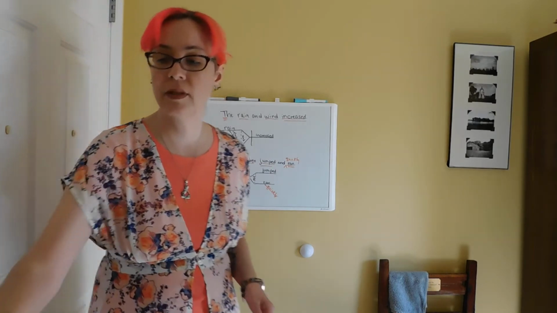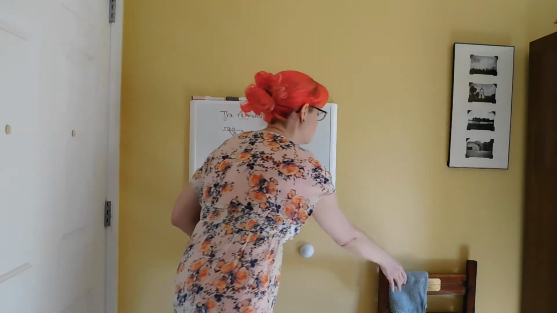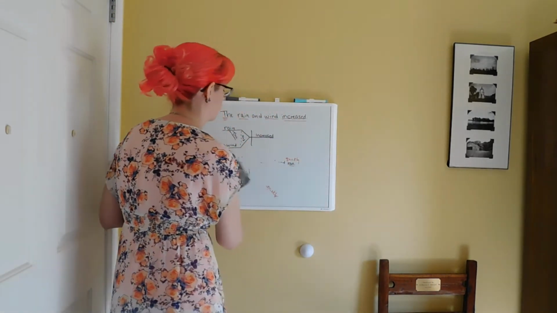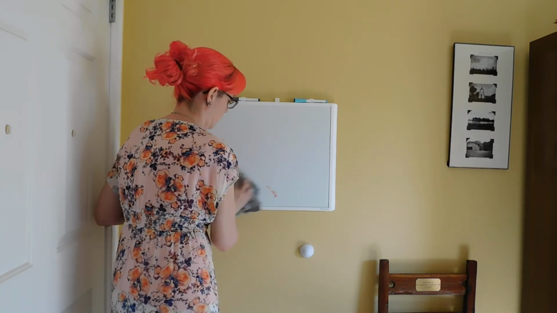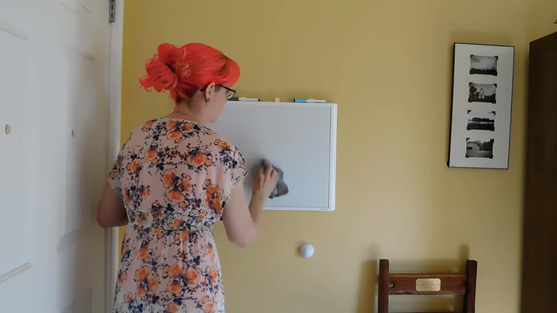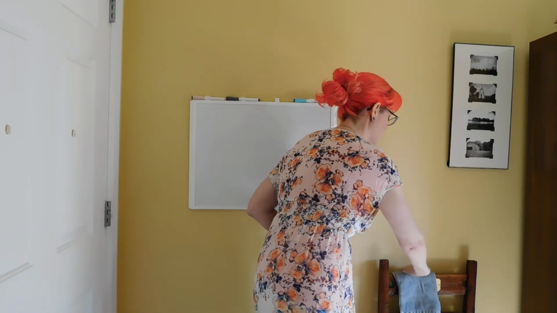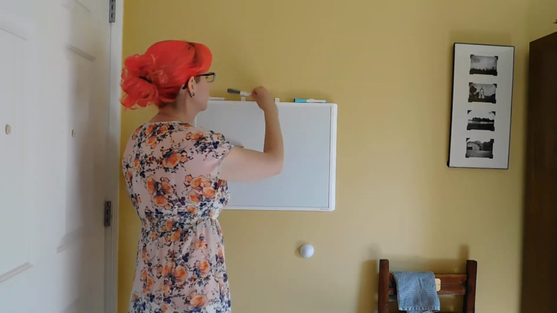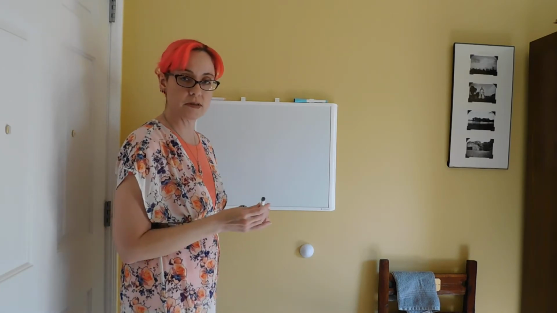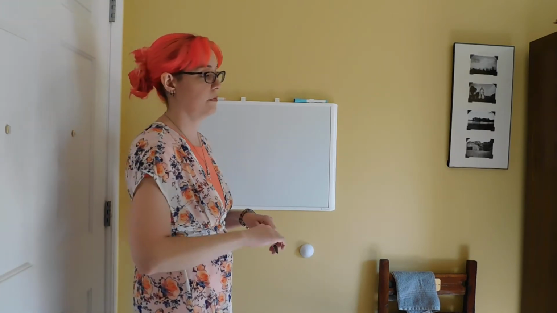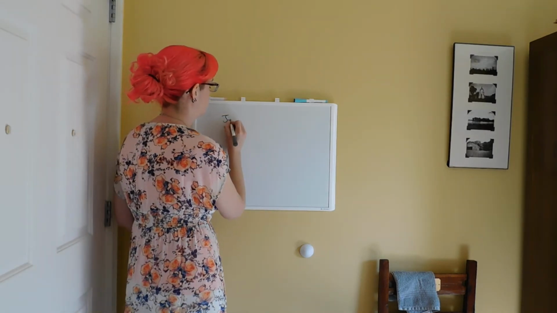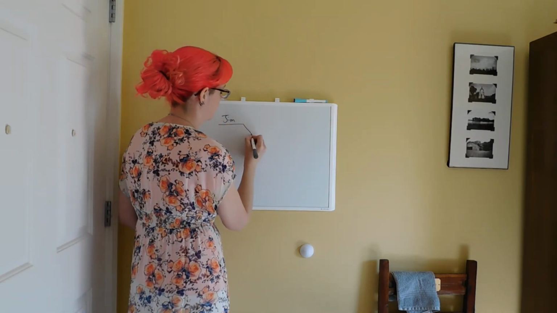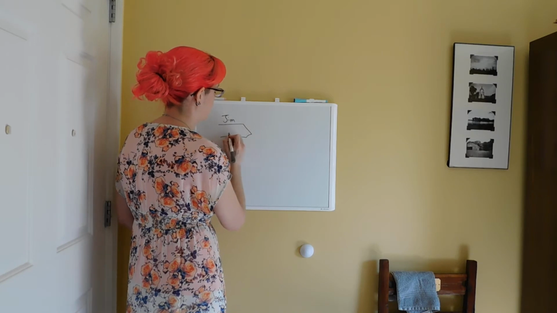Alright, so let's look at another example. Let's look at something that has both a compound subject and a compound predicate. Jim and Janet.